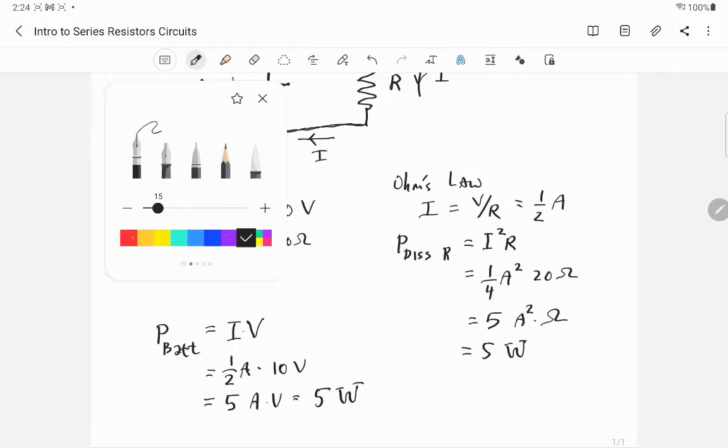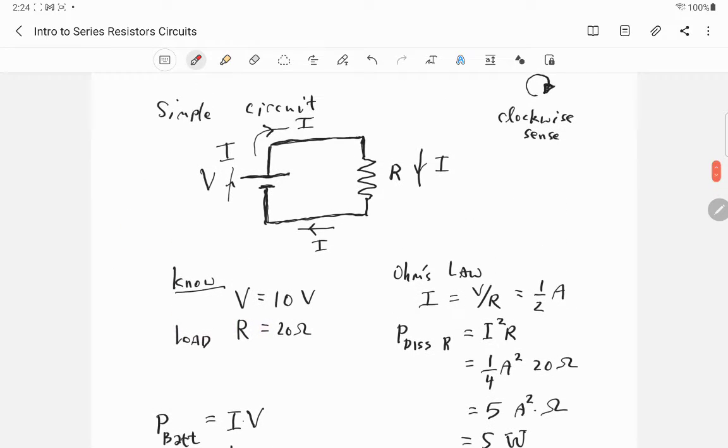And we had to have this, right? Because the physics, if you think about this, we understand how the battery can lose energy because it's providing it to the rest of the circuit. And we understand how the resistor is dissipating the energy as heat.